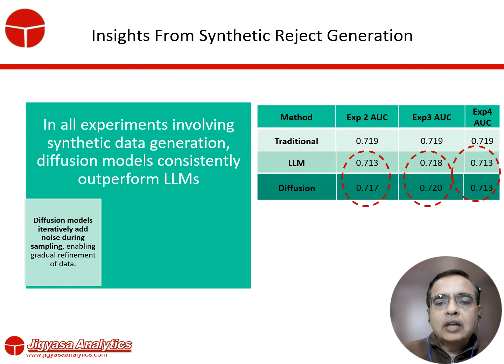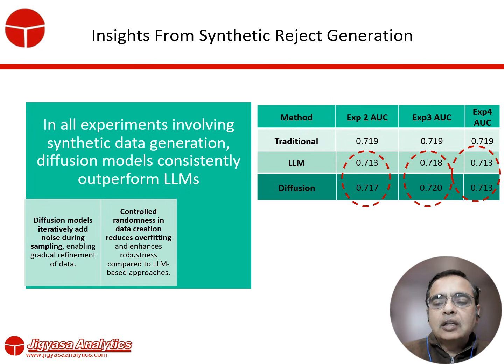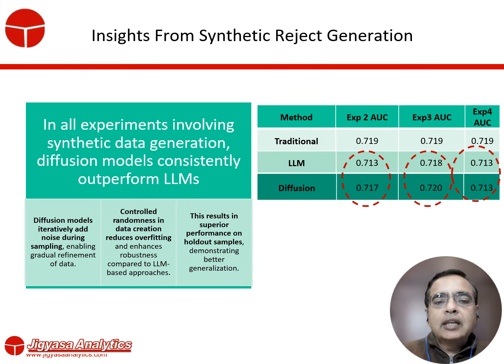Now, because they are doing that, they are introducing a controlled randomness into the sample, which adds greater robustness to the process as compared to the large language model approach. And this leads to better generalization, and therefore we get less overfitting and therefore superior model performance on holdout samples.